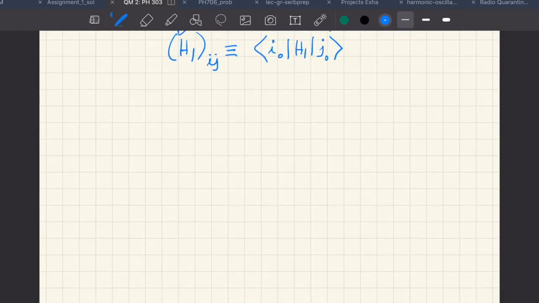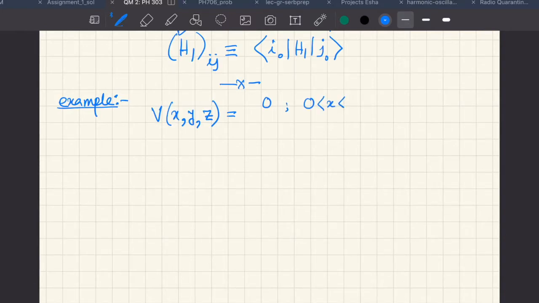So let us apply this thing to a concrete example, and the example is the following. Consider an infinite three-dimensional cubical well which is given by 0 if we have the limits x between 0 to a, y between 0 to a, and z also between 0 to a.